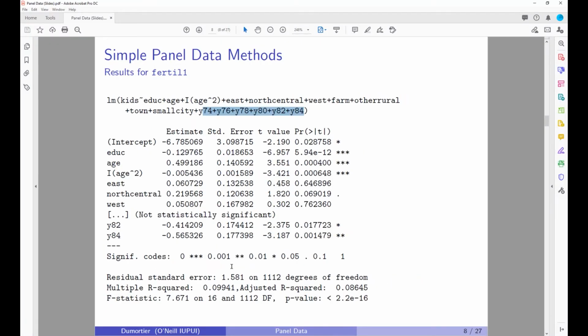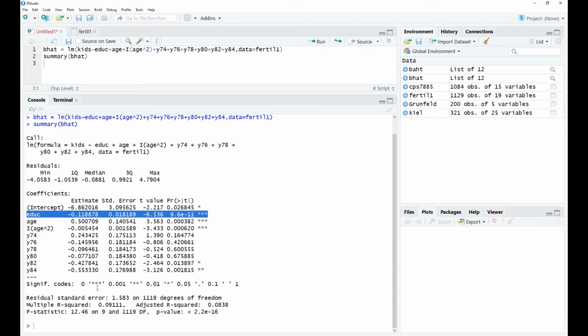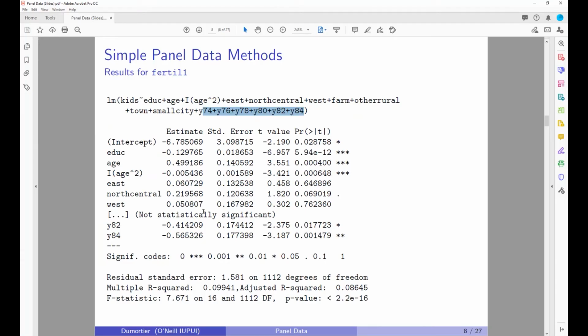Okay? So here on this slide, I have the more complete model, and note that the coefficients are very, very similar, in the sense that for 1982 and 1984, I have 0.42 and 0.55, whereas on the slides with more variables included, I have 0.41 and 0.56.